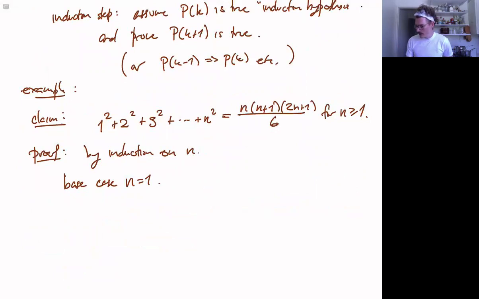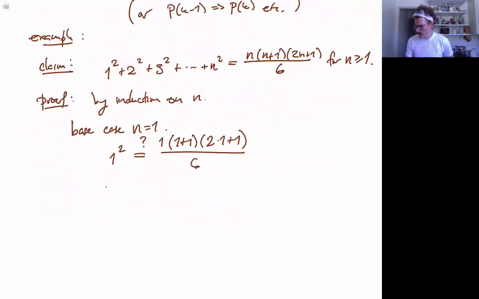Then our equation is 1 squared. Let me use this question mark to mean that I'm going to write down this equation without knowing that it's true yet. So this should be 1 times 1 plus 1 times 2 times 1 plus 1 divided by 6.